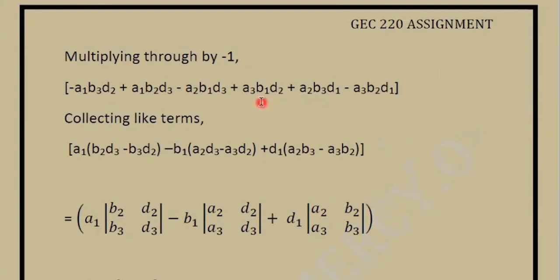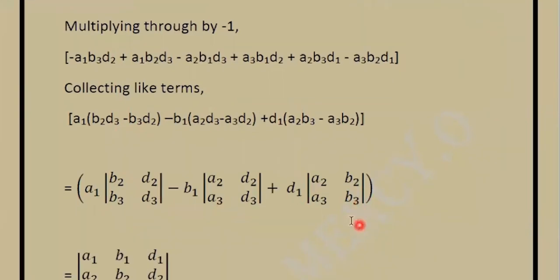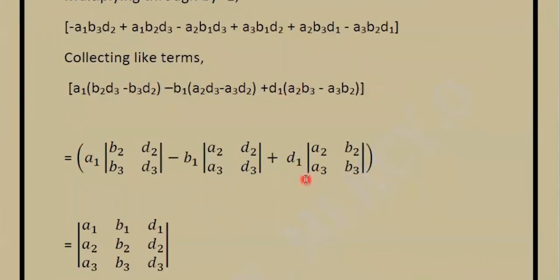Looking closer again, there are still like terms we can factorize out. And then we have this, this, and this after collecting our like terms. If you notice, inside the bracket, this matrix law applies. And then we bring it out in the matrix form, having this, this, and this, with our factorizing elements outside.